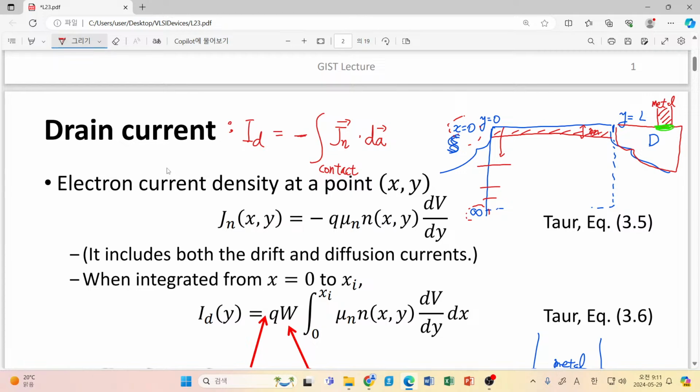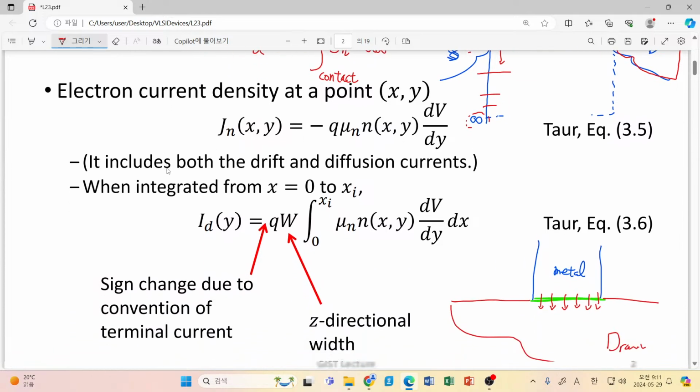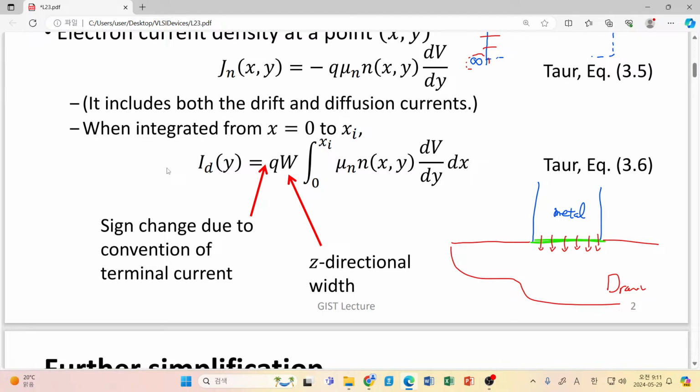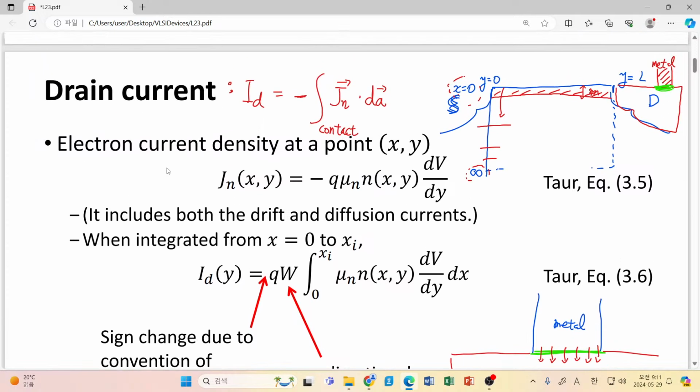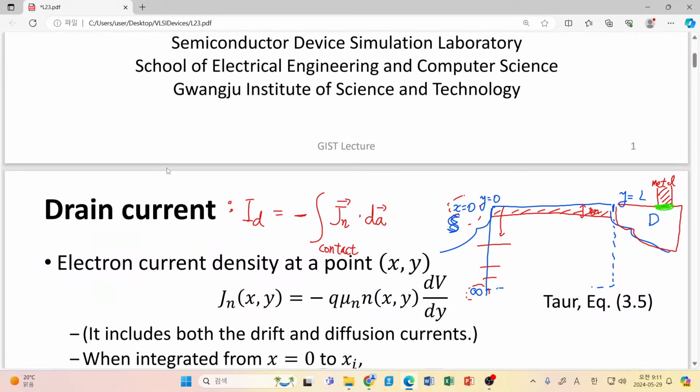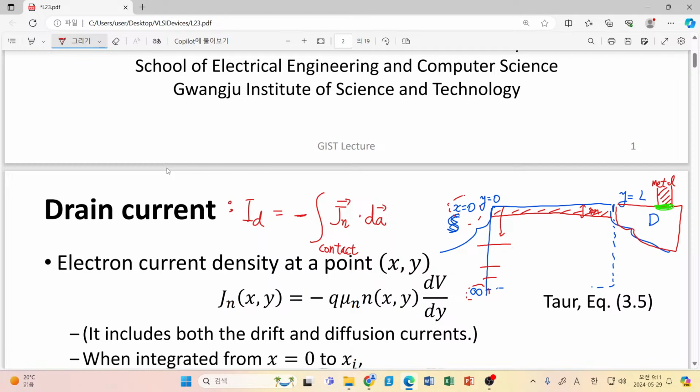Of course, here we have a minus sign, because what we want to calculate is the incoming flux, the incoming current density from the metal into this drain contact of the semiconductor device.